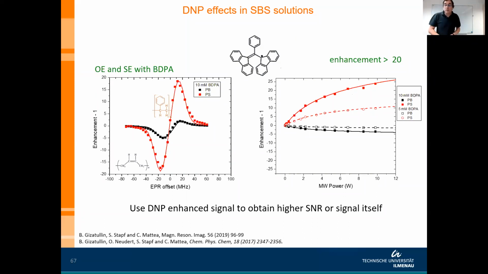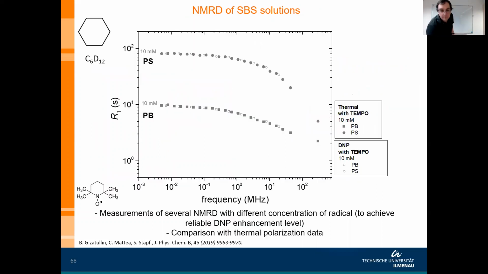And this is a nice result, because by changing the radical and using T2-resolved fast field cycling, you can basically say something about the enhancement of the two different components. Then again, you are selective in one of the two components of this polymer system.